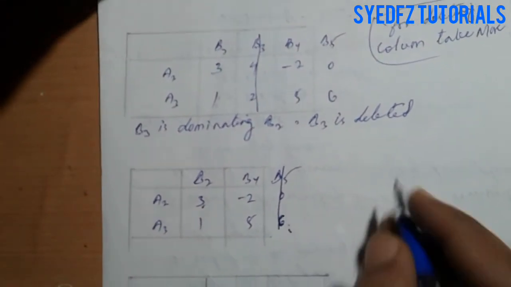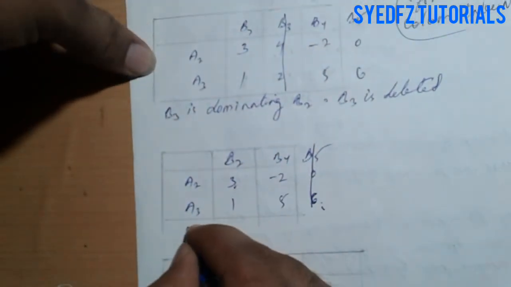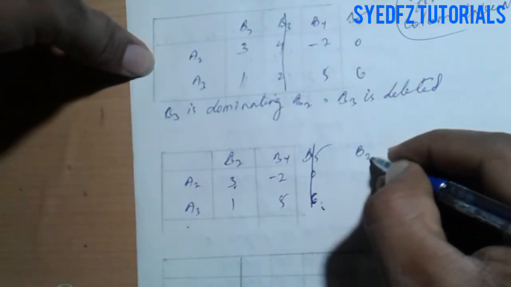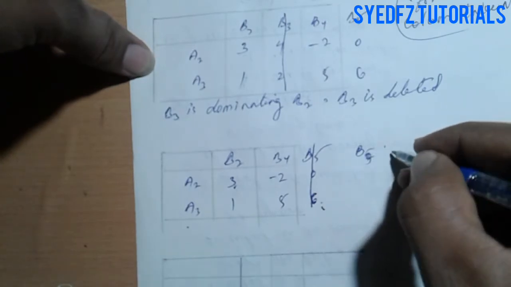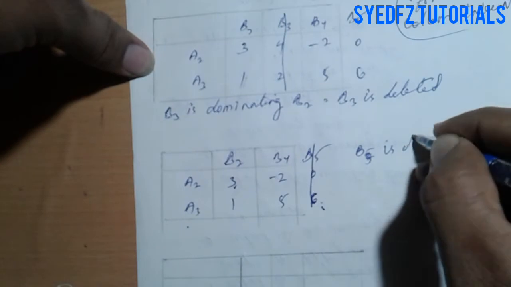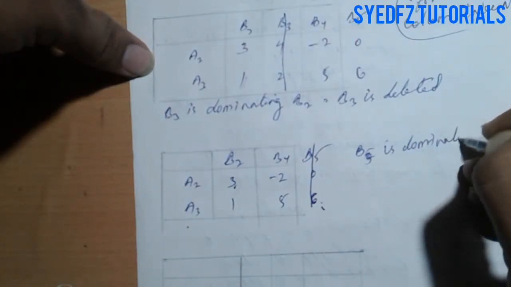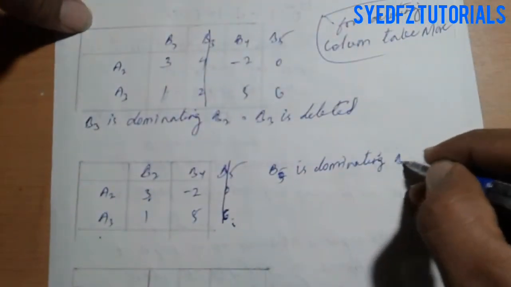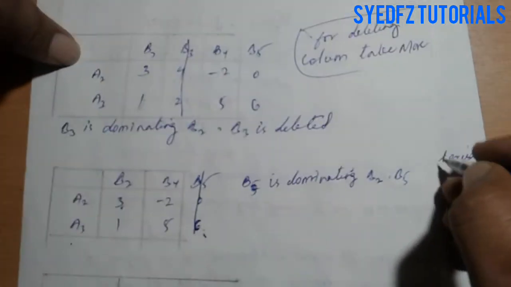So now write B2 and B5. B5 is dominated by B2, so B5 is deleted.